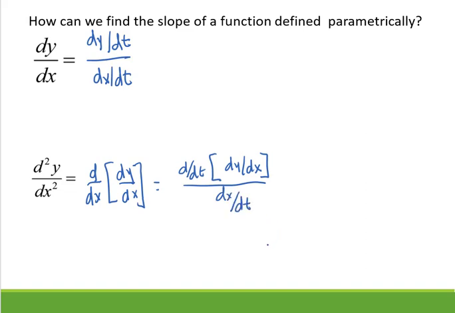Because remember, what you're trying to do is take the derivative with respect to t. So it's essentially a chain rule. You have dx/dt on the bottom, and then the derivative of your derivative on the top. This explained another way.